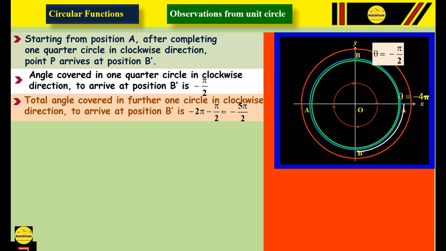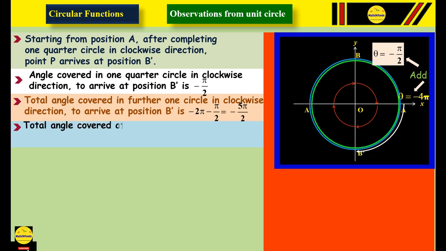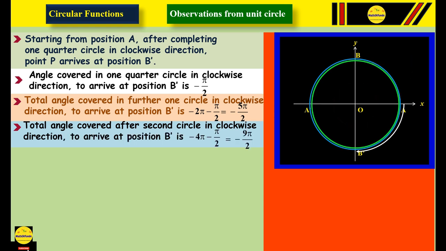That gives you minus 4 pi, and this is added to minus pi by 2. So the total angle at this stage would be minus 4 pi minus pi by 2, which leads to minus 9 pi by 2.